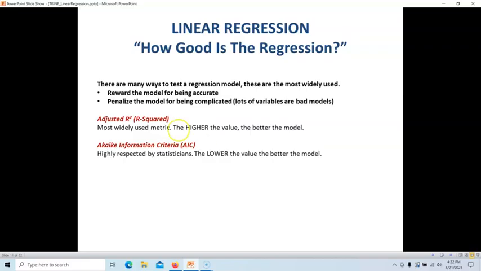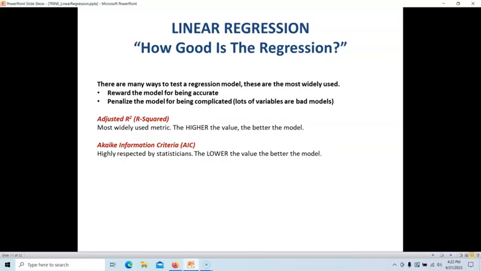And for the adjusted R squared, the higher the value, the better. But when you start coming into the AIC, the lower the number, the better. And again, these metrics here will reward you for being accurate, but they will penalize you for being complicated.